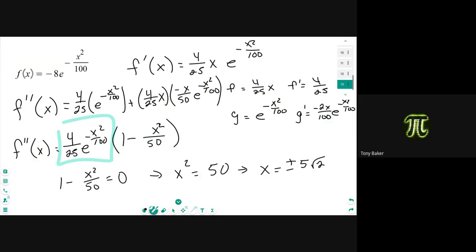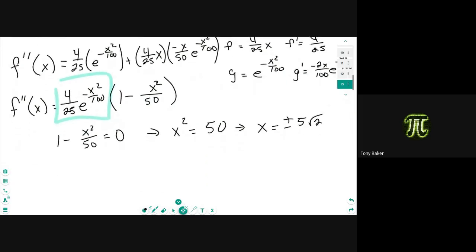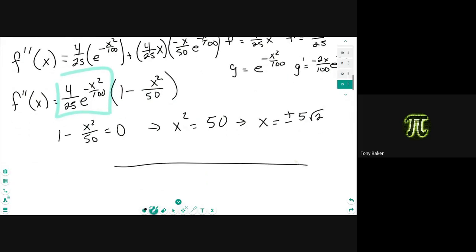I'm looking at it, I'm like, there's no way they've made it that hard. All right, so we've got our concavity. So 0, negative 10, and positive 10. That works.